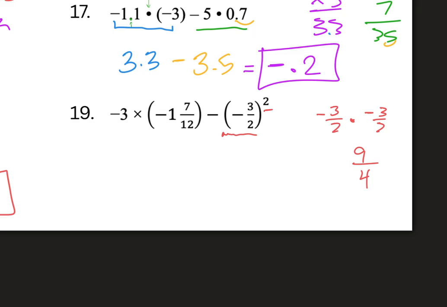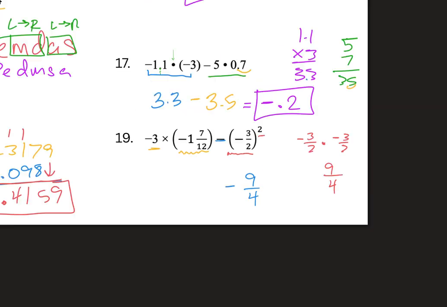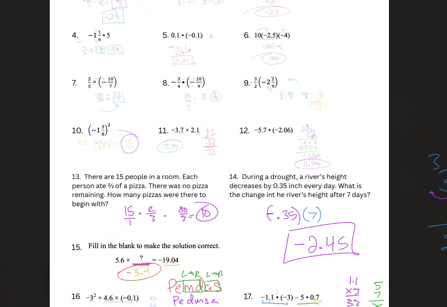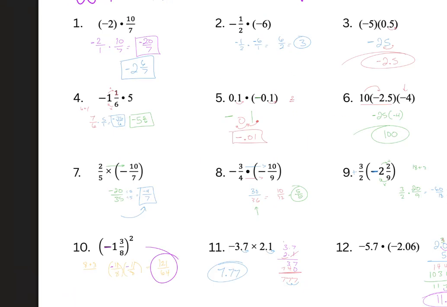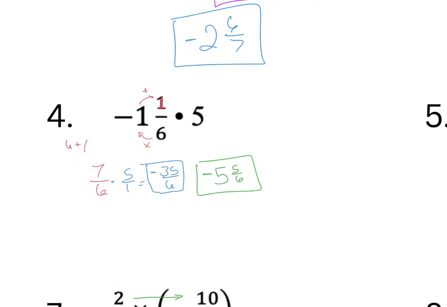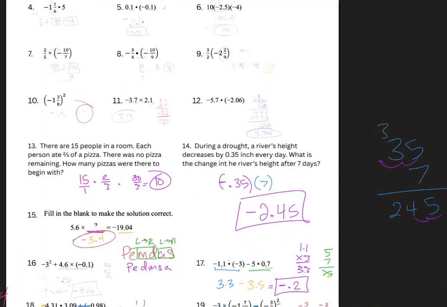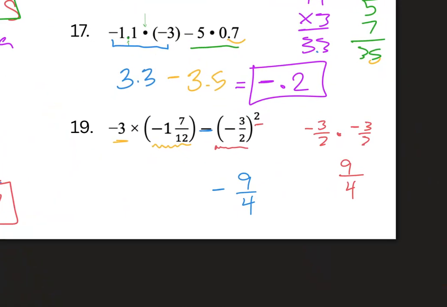So now there is a negative outside, so negative 9 over 4. Okay, let's keep going. Negative 3 times this, if you've forgotten, I don't want to ever really multiply a mixed number by a fraction or even a whole number. I want to make sure and multiply an improper fraction.